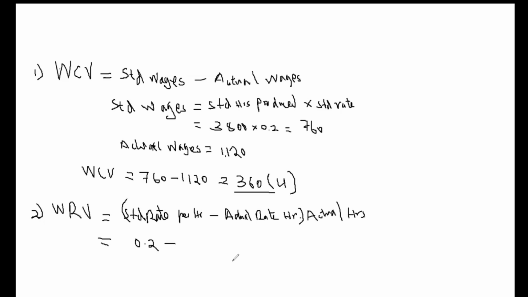Actual rate: if you know the actual hours, which is 4,000, and our actual wages paid is 1,120, to determine the rate you take the total wages paid divided by the total hours, so it is 1,120 divided by 4,000 hours.